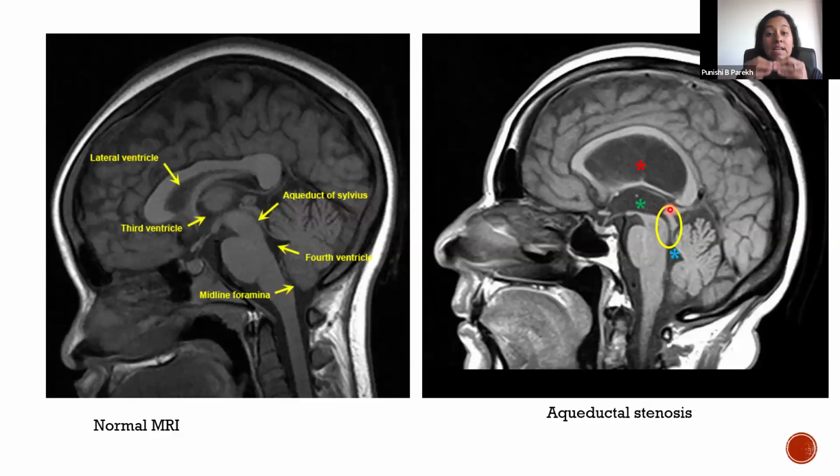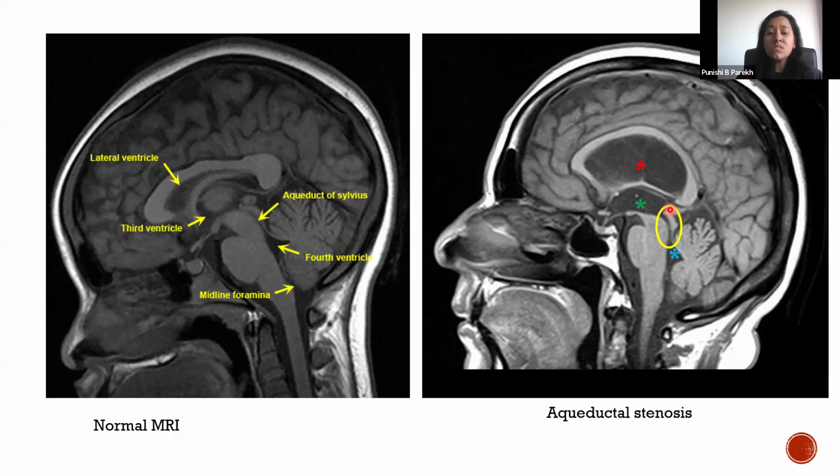We're able to delineate the site of pathology on the basis of the ventricles being dilated, which gives us exactly the site of the obstruction or pathology. Congenital aqueductal stenosis is the most common cause of congenital hydrocephalus.